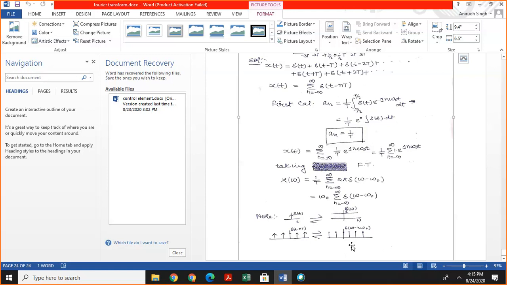So we can say that if an aperiodic signal is converted into a periodic signal, then by sampling the Fourier transform of the aperiodic signal, we will get the Fourier transform of the periodic signal.